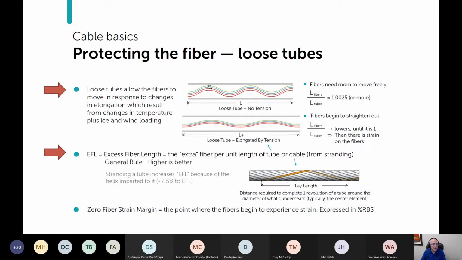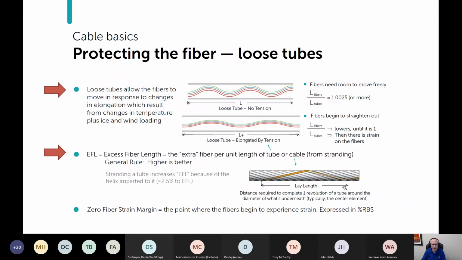So there's the sinusoidal shape that you get in the tube, plus if you take a tube and strand it, like you see in this illustration, you put a helical shape into the tube, and that has the effect of increasing the EFL further. So I can get about 0.25% plus or minus in the tube. From stranding, I can get 2.5%. So basically a factor of 10 more.